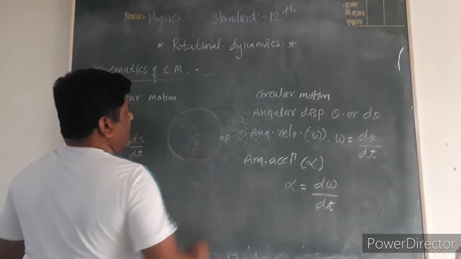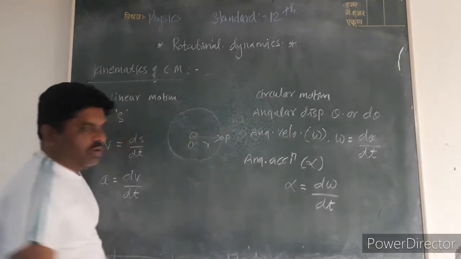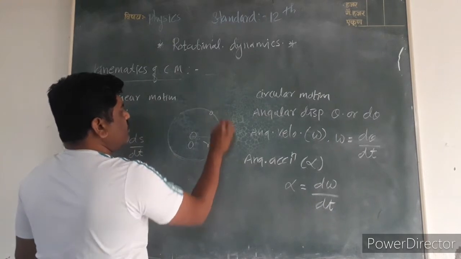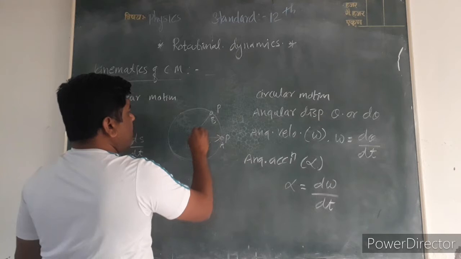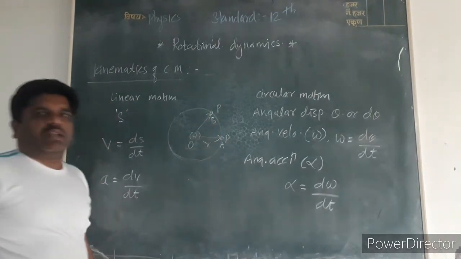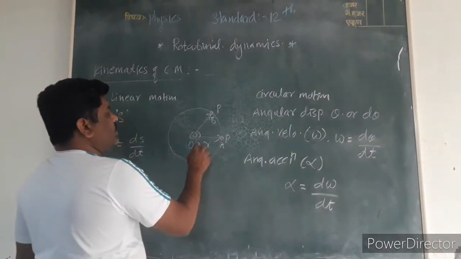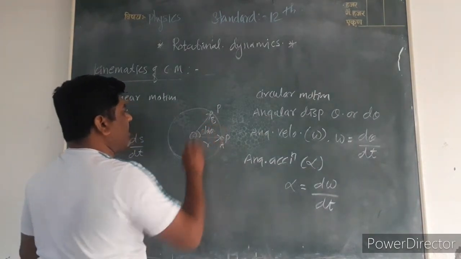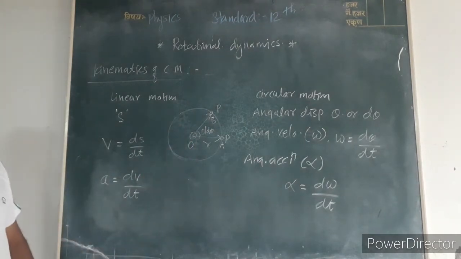In linear motion, the same displacement, velocity and acceleration, but in circular motion, the particle P revolve around the circumference of circle. Suppose this is the radius vector center O. This is the first position of particle. At some time, particle moves from point A to point B. The radius vector is same. Then some angle is traced by this particle due to this radius, and this angle is called theta or d theta, and this is nothing but it is called angular displacement.